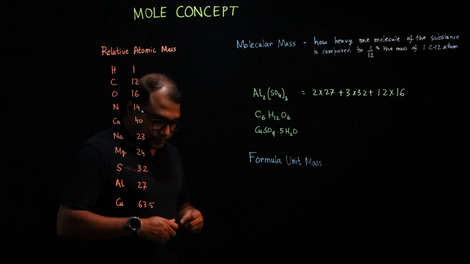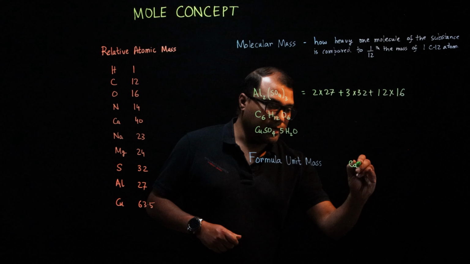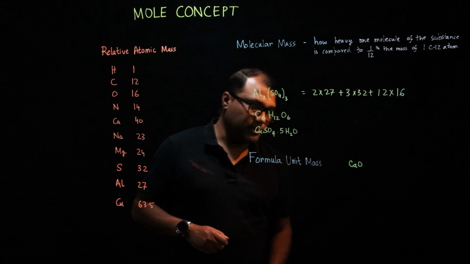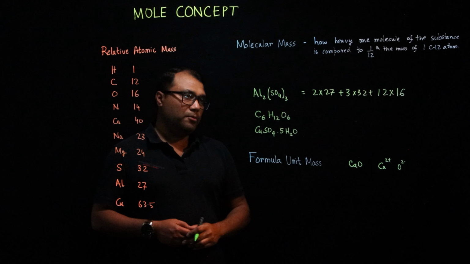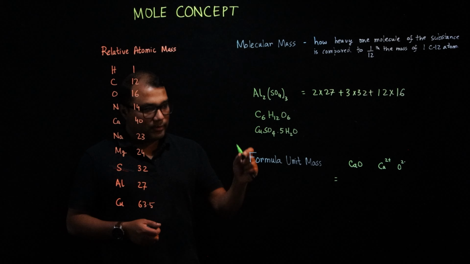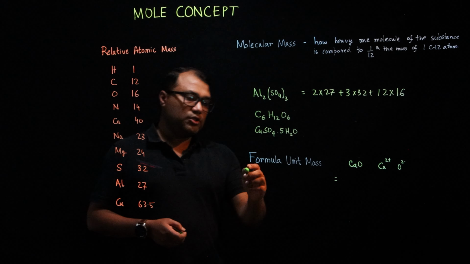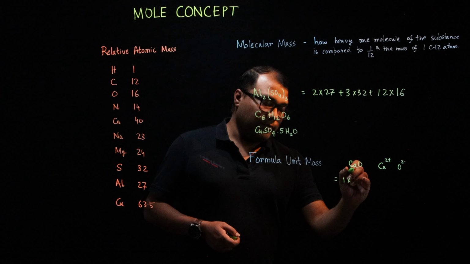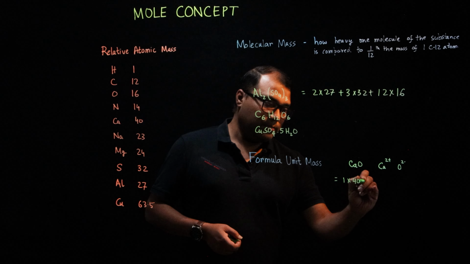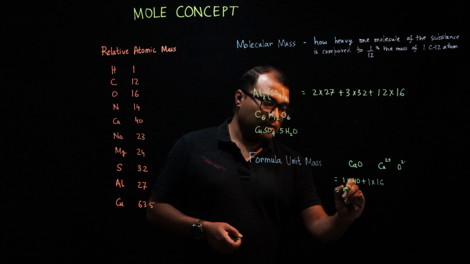So for example, CaO, calcium oxide, this actually exists as calcium ions and oxide ions. However, to calculate the formula unit mass, it's as simple as calculating the molecular mass of CaO as if this was a compound. So that's the reason it's called formula unit mass. So this will be one atom of calcium times 40 plus 1 atom of oxygen, which is 16. So 56 amu.